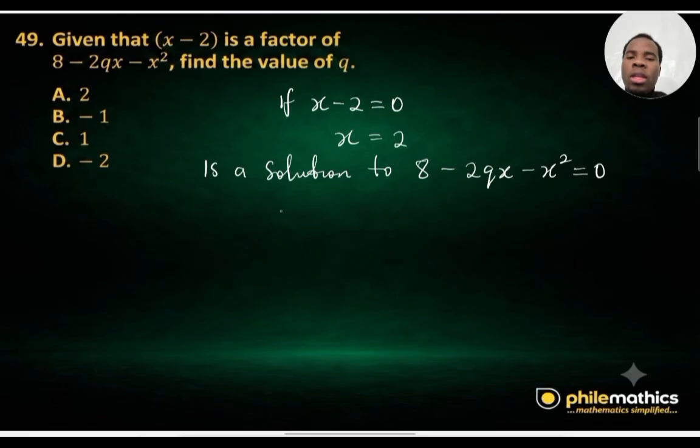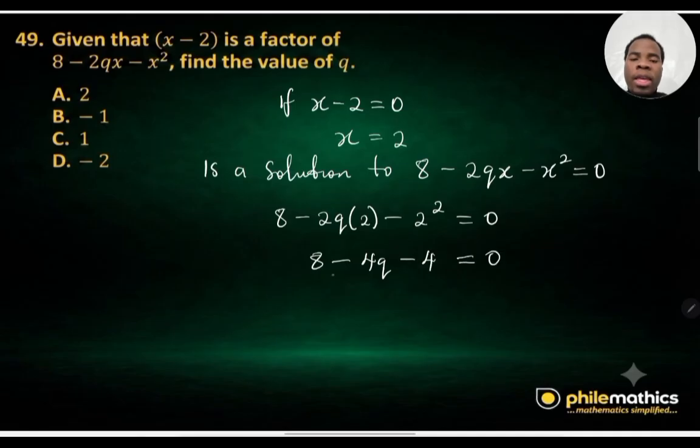So 8 minus 2q times 2 minus 2 squared should give us 0. This is how we find what q is. This is 8 minus 2 times 2 is 4q. 2 squared is 4, should give 0. 8 minus 4 is 4.